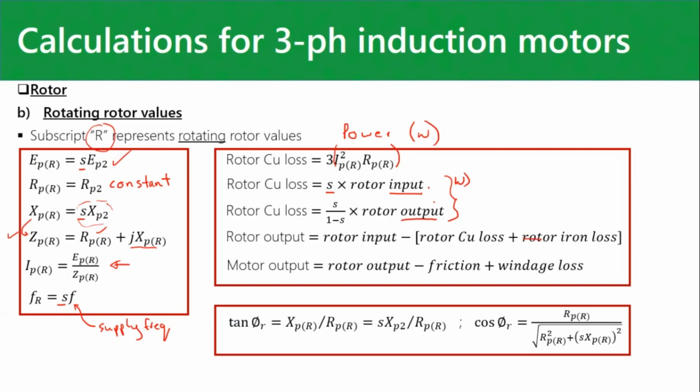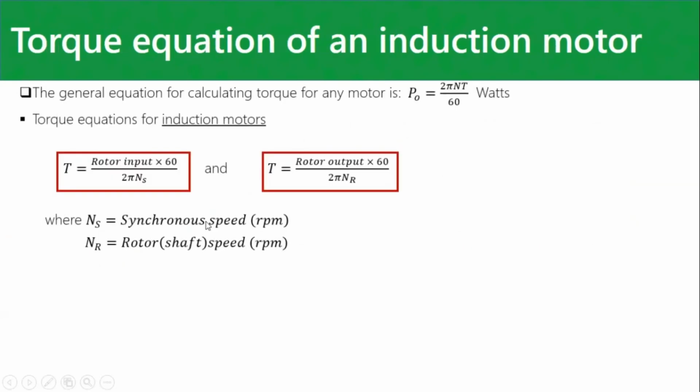We don't use rotor iron loss. Okay, let's go with that for now. Oh, there's one more thing. The torque. The torque on the shaft, the rotational force. On the shaft of the induction motor, we rearrange this generic power to torque equation, and I'll make torque the subject of the formula.